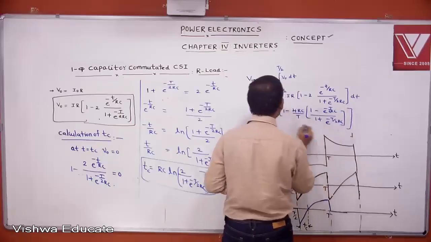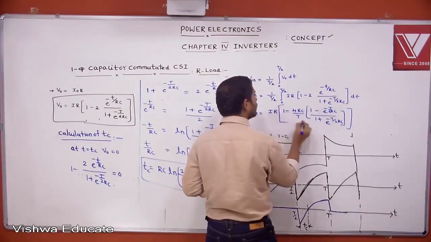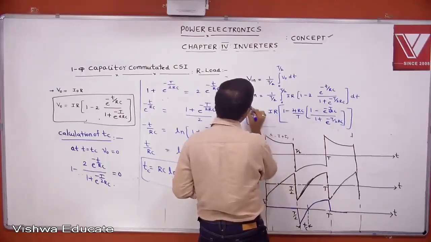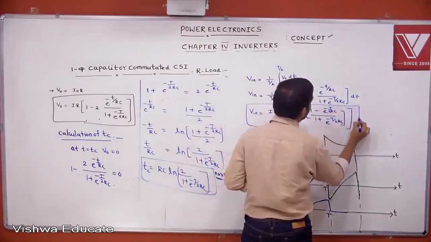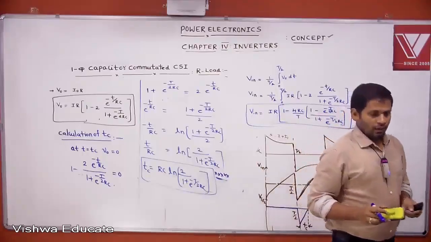This is the expression for Vin, obtained by integrating and substituting limits. Try that yourself. Let's note it down.